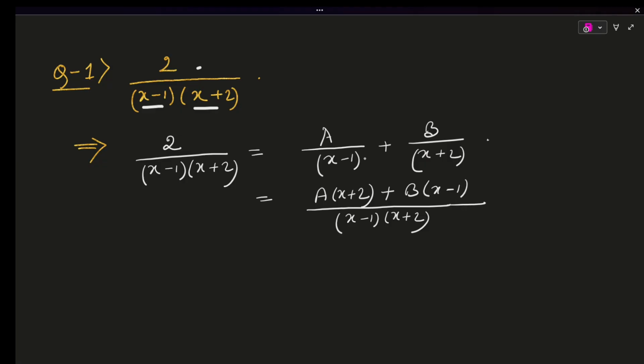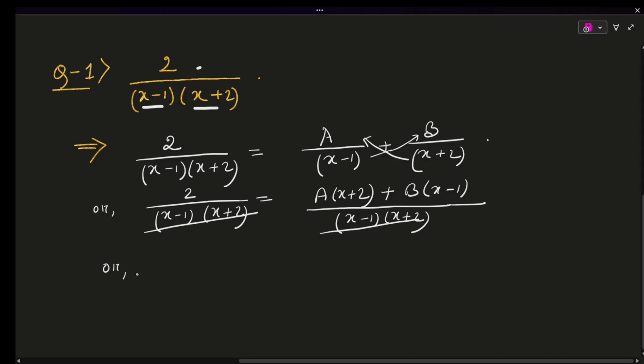It will just cross multiply with each other. And in the LHS, it will still be (x minus 1)(x plus 2). So in both the sides, you can see that in the denominator, (x minus 1) into (x plus 2) is common, so you can cancel them out.